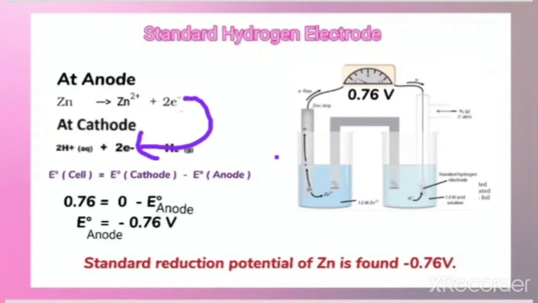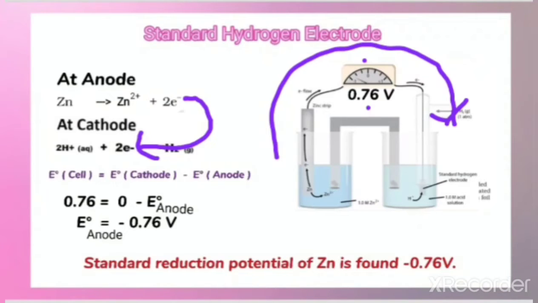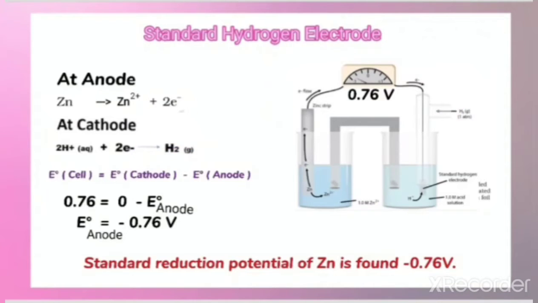So there is a flow of electrons in this direction. Definitely there will be a flow of charges, which means there will be a current. So it will show a value, that is in the potentiometer it shows the reading 0.76 volt. That is the cell potential here.